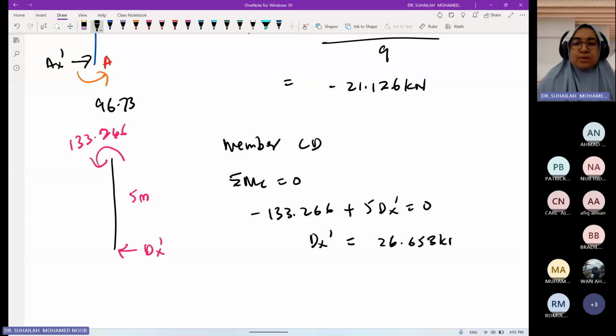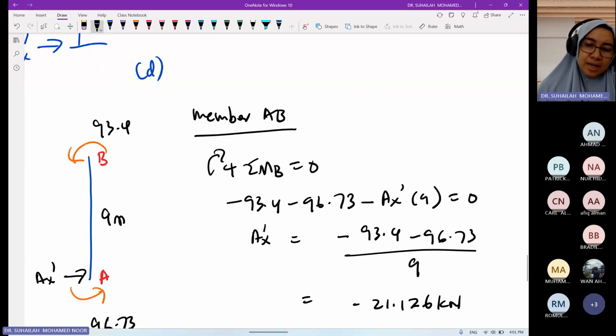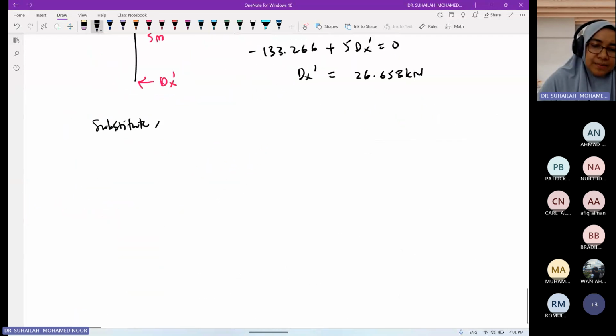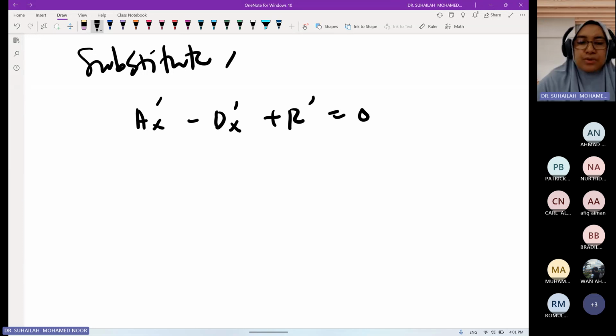26.653 kilonewton. Okay, so then we substitute. Substitute the earlier one, AX minus DX. This is AX minus DX plus R prime equals 0.